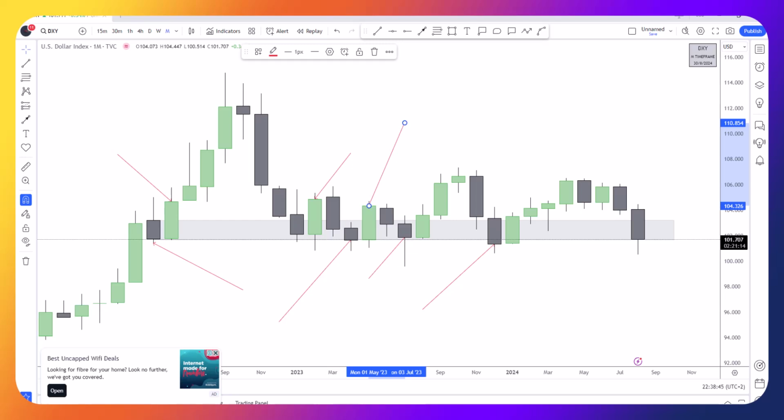Your bearish order block is the highest candle or price bar with an up close that has the most range between open to close and is near a resistance level. So this is the US dollar index.